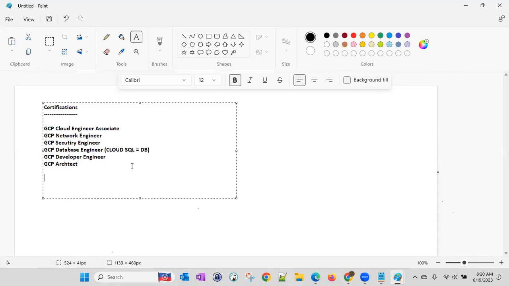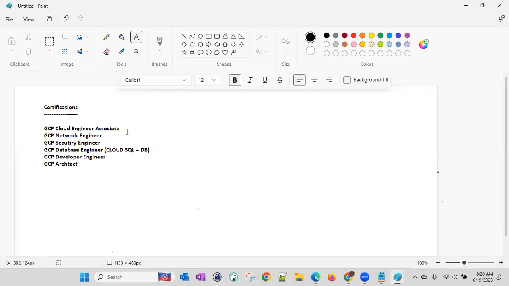Now, one more is also there. Now, a lot of people are looking into that. These are all one perspective, one route, one way. Another way is GCP Data Engineer, which is nothing but big data.